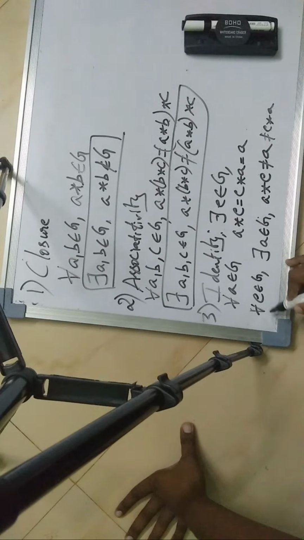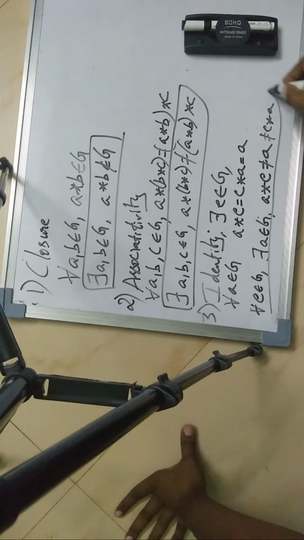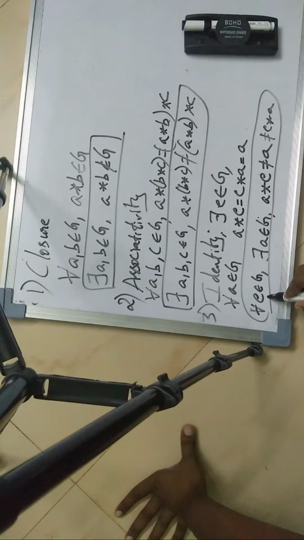So if we need to show that a given set along with the binary operation does not satisfy the identity axiom, that is, it does not have an identity, then we need to show this. That is, take any element e in G, we can find at least one element a in G such that a star e and e star a are not equal to a itself. Right?